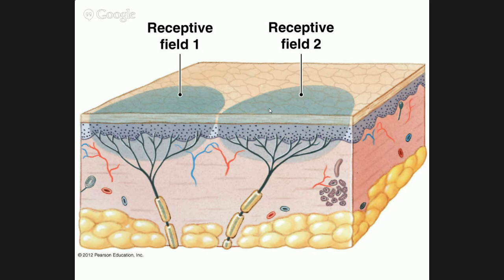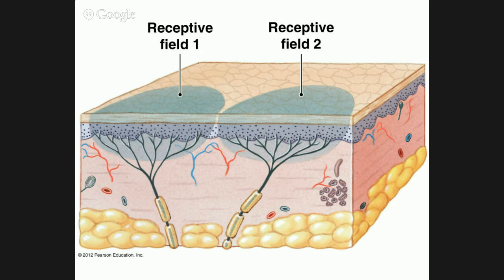If both tips are touching the same receptive field, our brain only gets one signal. But when the tweezers are far enough apart that they're touching two separate fields, our brain gets two signals and we can tell that there's two things touching our skin.